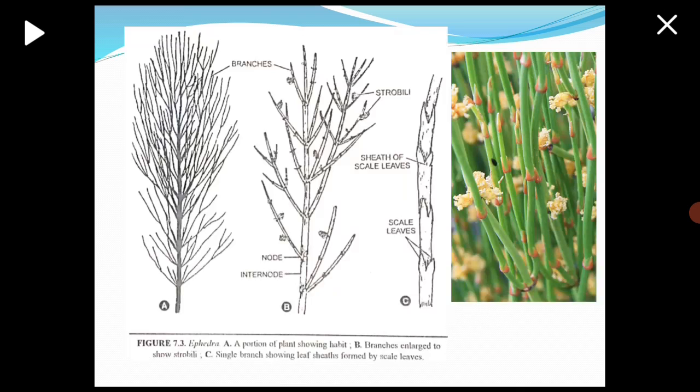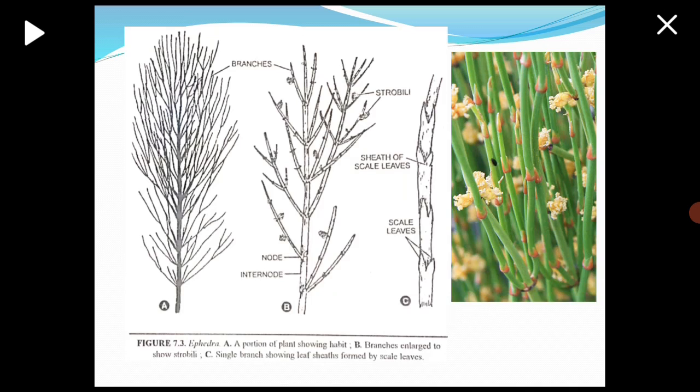Next, the leaves. The leaves are minute, scale-like, and borne in pairs at each node. They arise in an opposite decussate manner and remain united at their base to form a basal sheath. In some species, they are arranged in whorls of three or rarely four at each node.